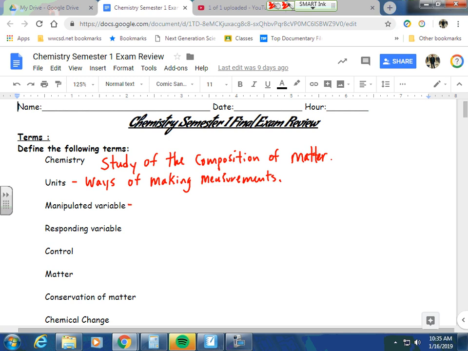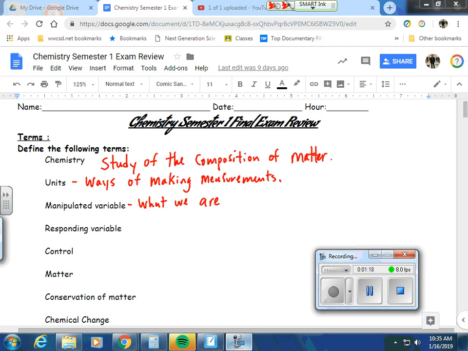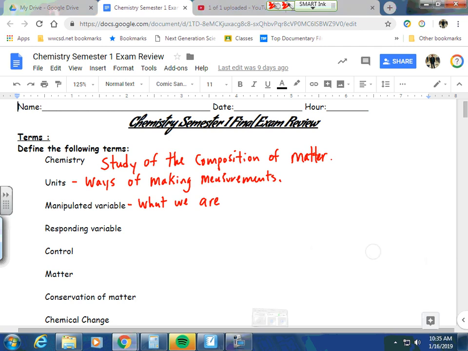The manipulated variable is what we are testing. So what we are testing in an experiment. If it's what we are testing, we choose to change it.